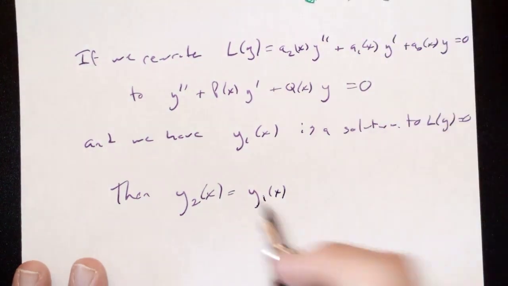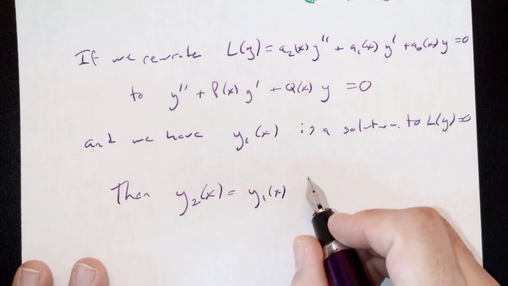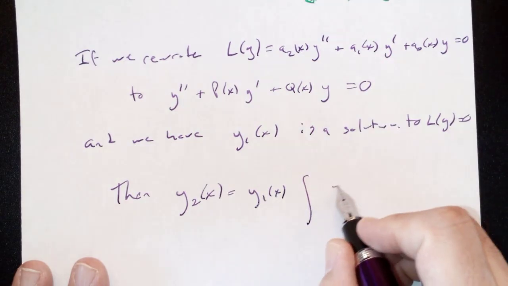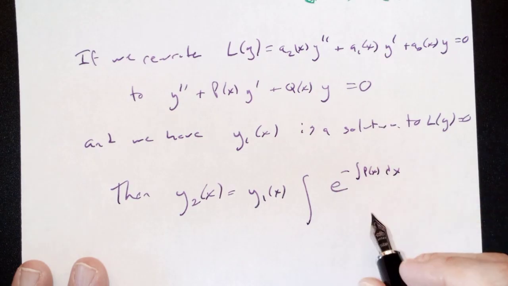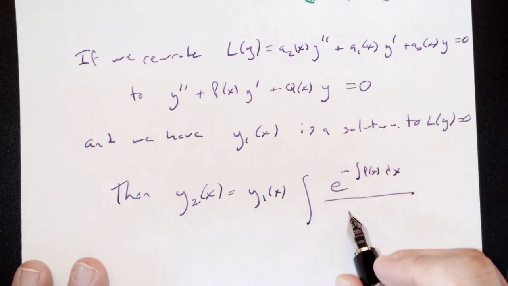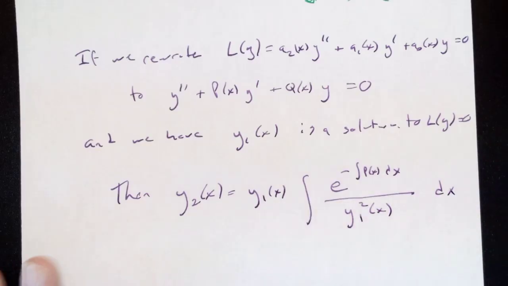But because we've rewritten this to look like this, u always has the same form. It's an integral inside an integral.